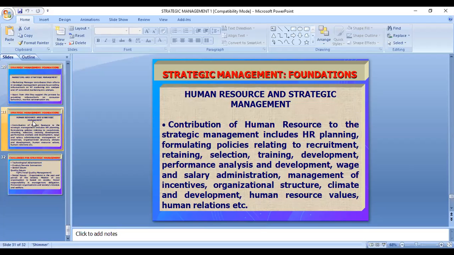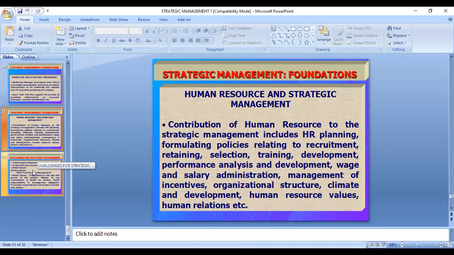Human resource and strategic management. The contribution of human resources to strategic management includes HR planning, formulating policies relating to recruitment, retaining, selection, training, development, performance analysis and development, wage and salary administration, management of incentives, organizational structure, climate and development, human resource values, human relations, etc. See, there is human resource management and strategic human resource management.